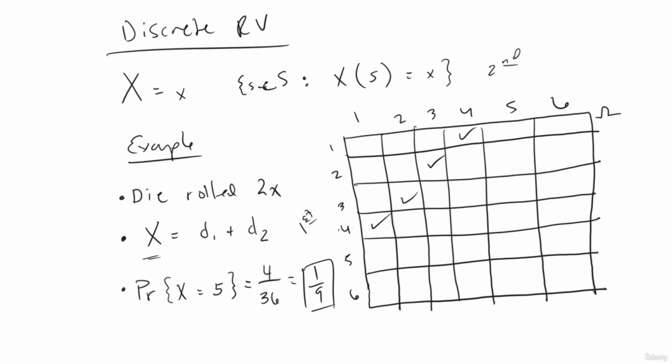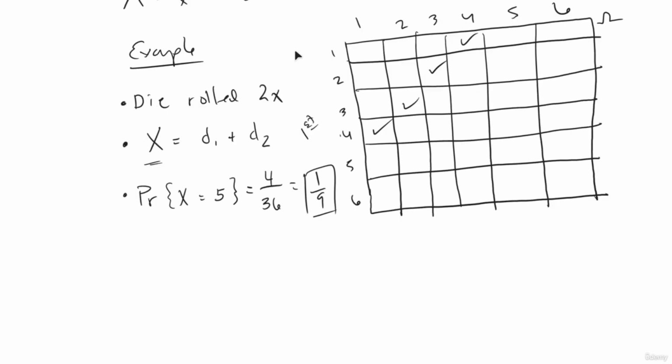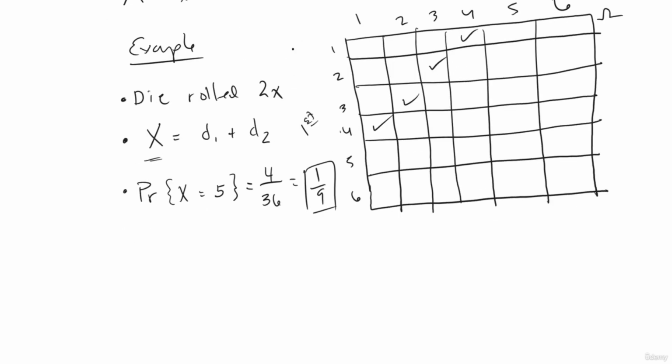And so that is an example of how you can calculate the probability of a random variable. Now, in terms of its probability distribution, this probability distribution would be over 2 to 12, right?